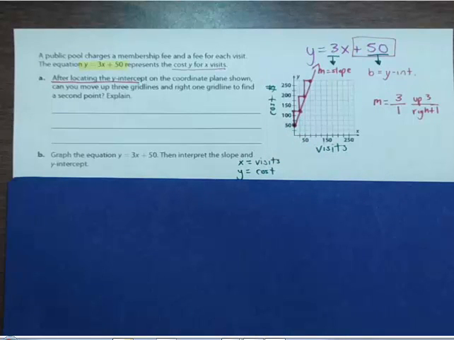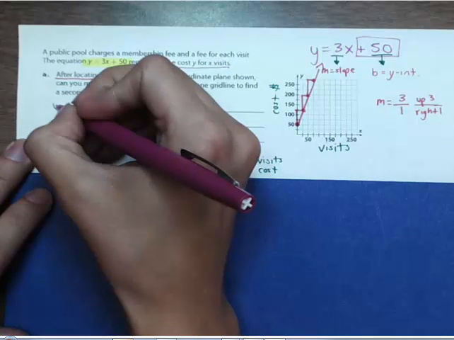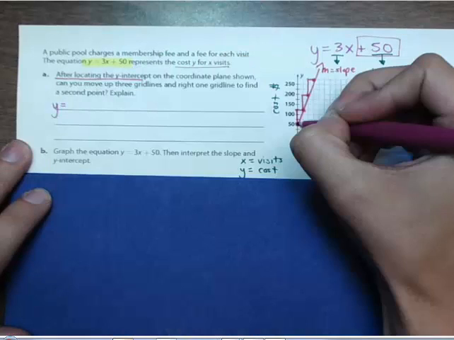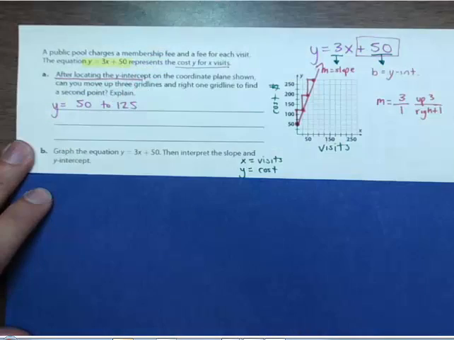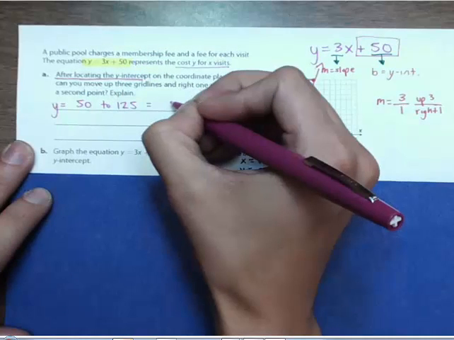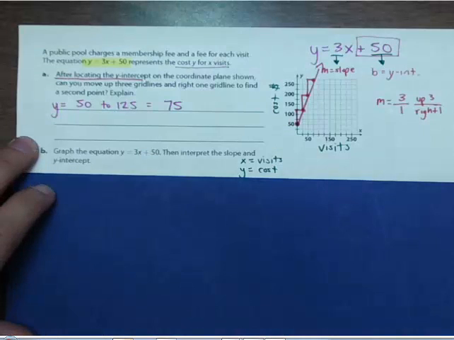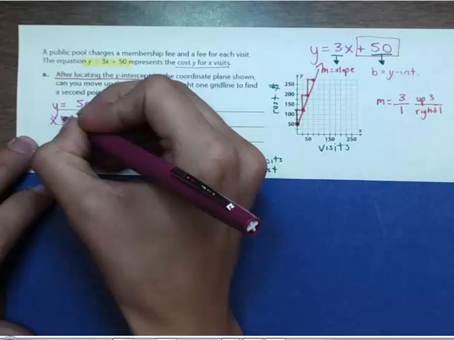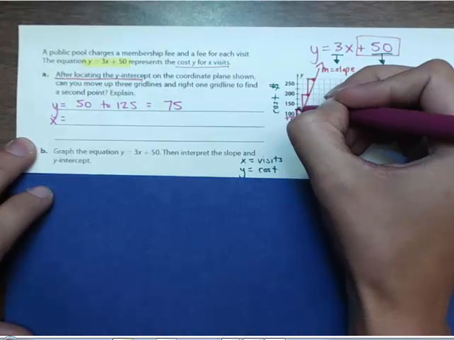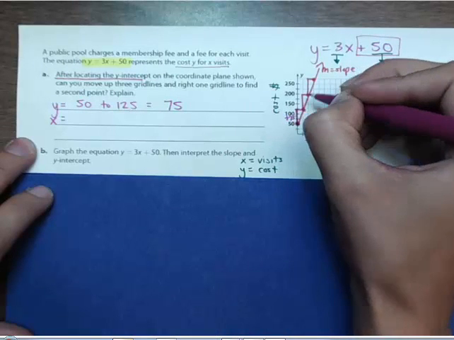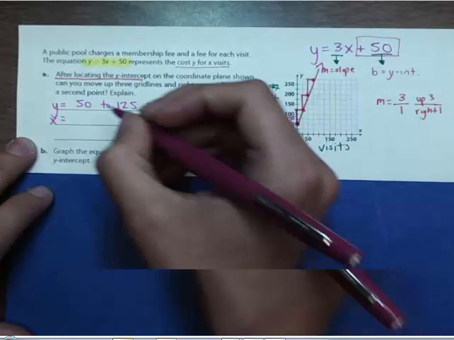So if I'm looking at my y, which is my rise, I went from 50 to about 125, which means I went up 75. If I look at my x values, I went up 3 grid lines, which represents 75, so plus 75, and I went to the right 1 unit, which was between 0 and 25, so that was 25.